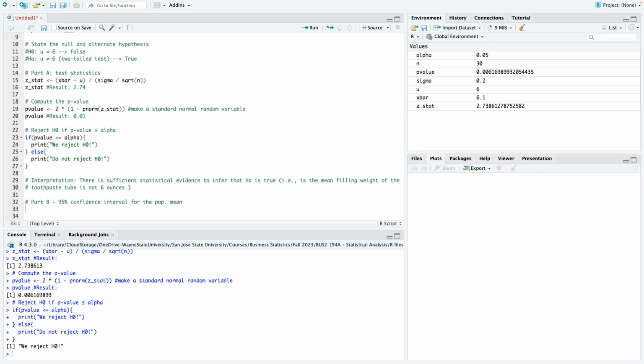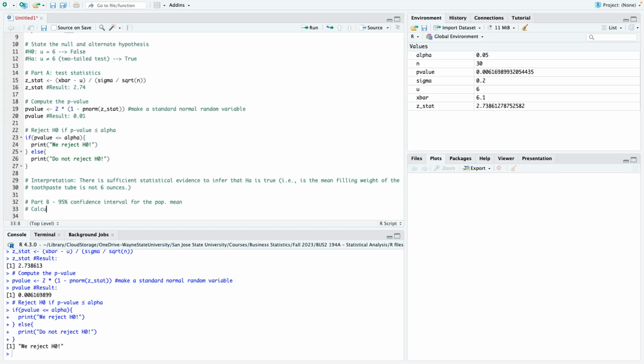So basically, if the confidence interval contains the hypothesized value, right, we say do not reject, right? Otherwise, we say reject H0, right? So that's basically how we would interpret the results from the confidence interval with regards to the hypothesis testing that we just did, right? So let's see if that would be the case.